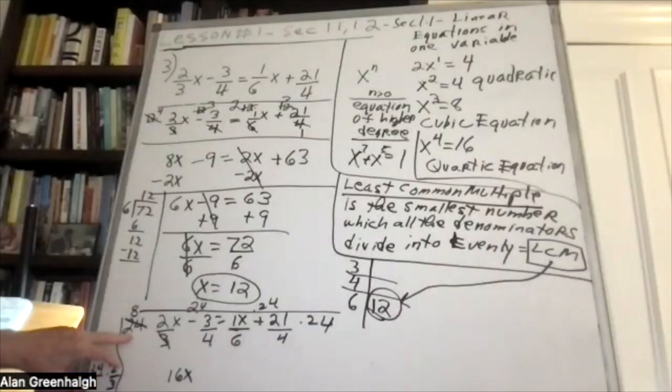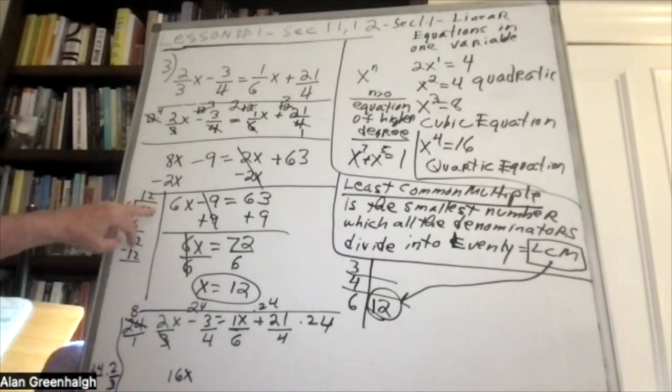You're allowed to do that, yeah, but this is what I actually did. I made this into a fraction. I multiplied 24 over 1, let's say, times 2 over 3. I didn't use 24, of course, I used 12. And all that means is that you're going to get bigger numbers.